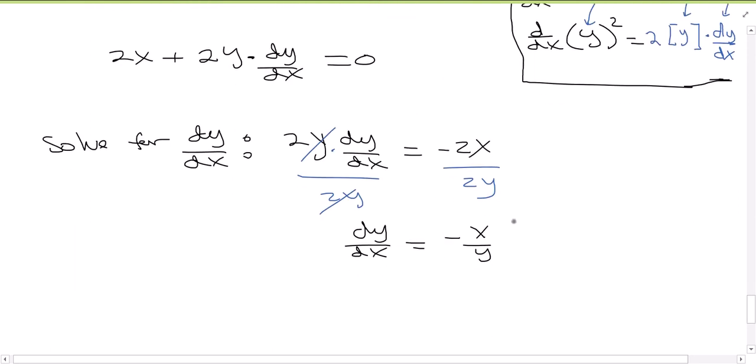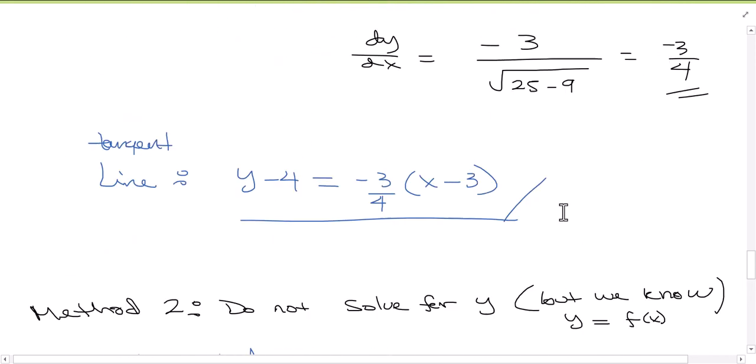And for implicit, I really need the full point, both the x and the y. So at the point (3,4), what's the derivative? dy/dx is negative 3/4, which is the same thing that we got before.